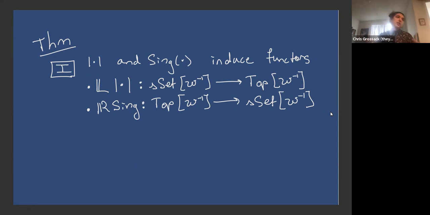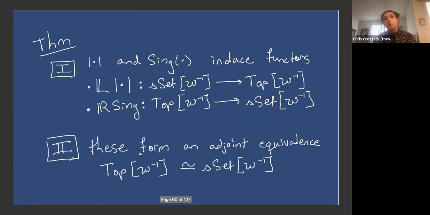So somehow these play nicely enough with the model structure that they actually descend to functors on the homotopy categories. And moreover, these functors form an adjoint equivalence between these two categories, which is fantastic, right?